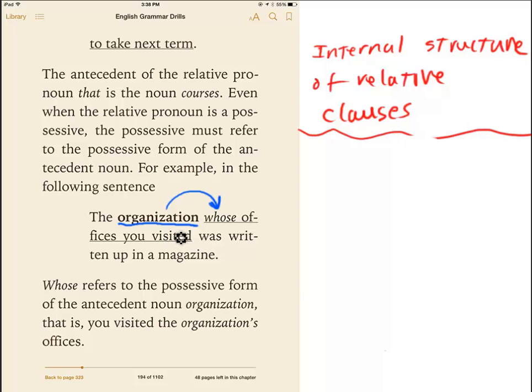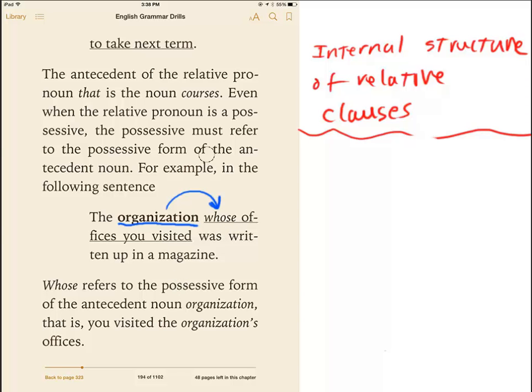Which offices were visited? The organization's. So we use the possessive here. Whose refers to the possessive form of the antecedent noun organization. That is, you visited the organization's offices. The organization whose offices you visited.